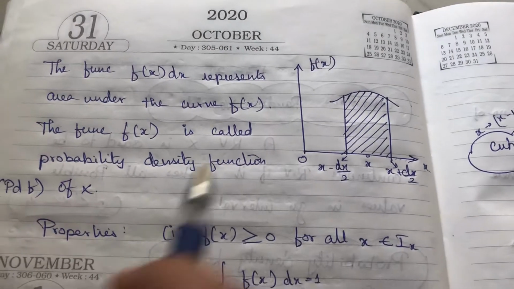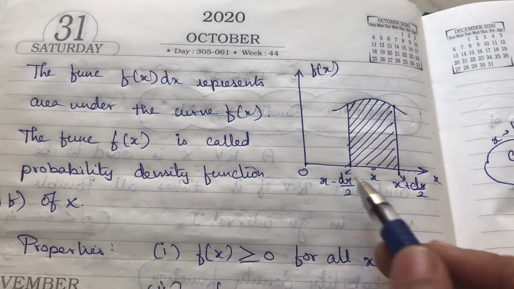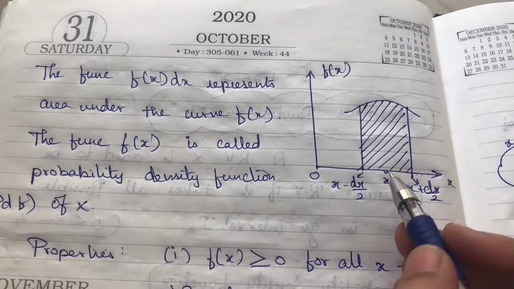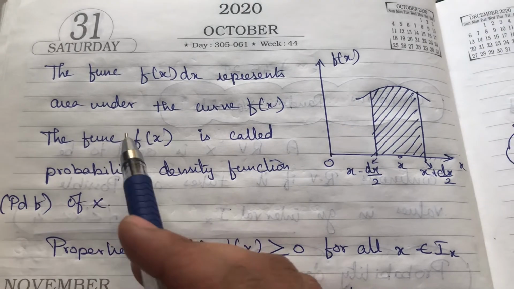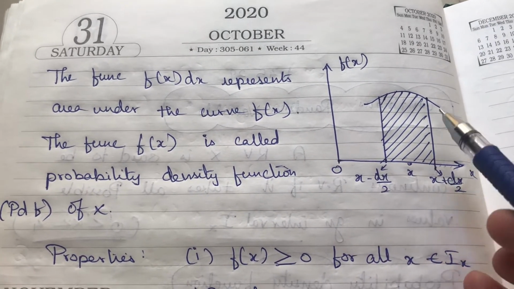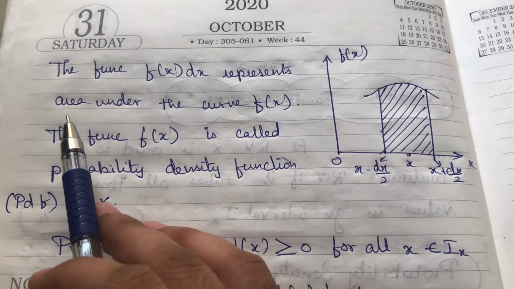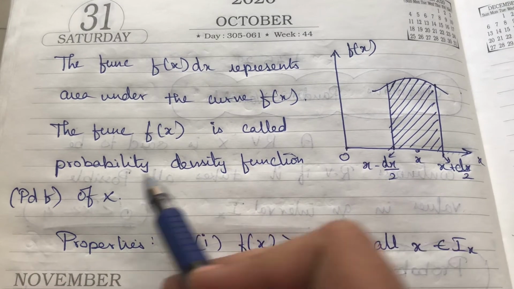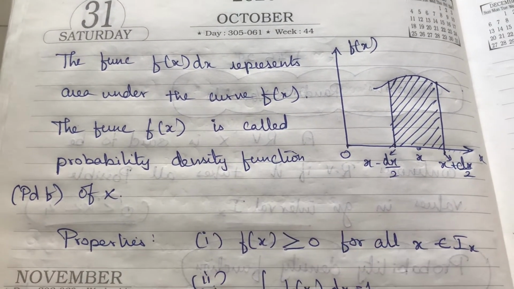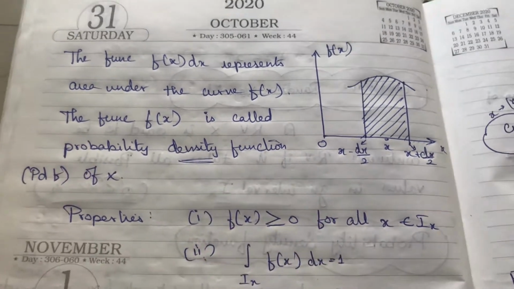Here they have given a graph: x minus dx by 2 is one limit and x plus dx by 2 is the other, with the point x inside the curve. The function f of x dx represents the area under the curve f of x. The function f of x is said to be the probability density function.